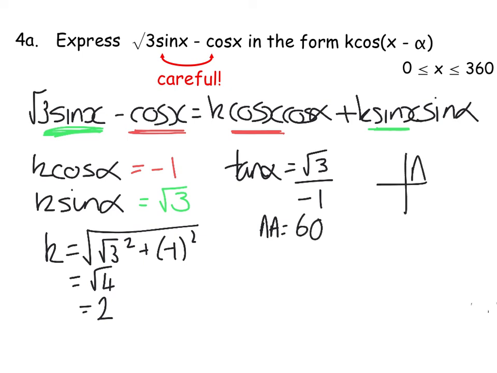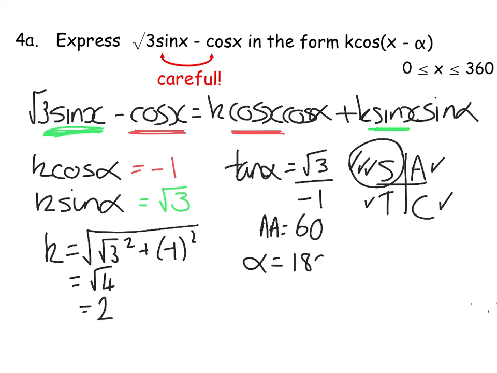Now, all sine tan cos, the ticky bit. Cos was negative this time, so we tick sine and tan. Sine was positive, so tick all and sine, and you can probably see where this is going. Tan was a negative fraction, so tick sine and cos, and we use the one with the 3 ticks. So alpha in the sine box is 180 take away your acute angle, which is 120.